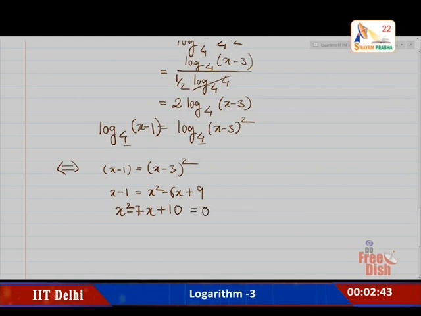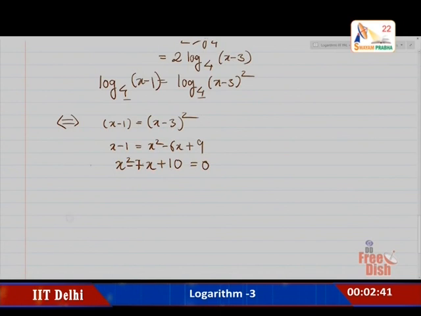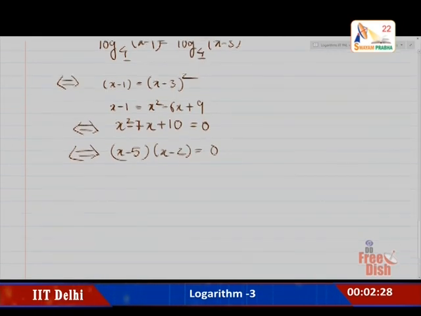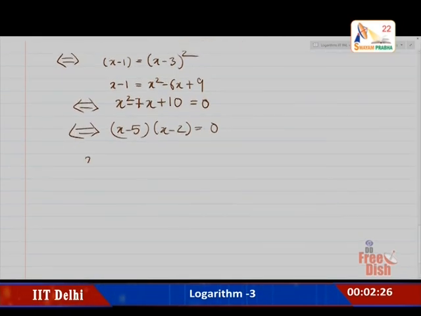Correct. And then it is very well known, you can factorize this very easily, which is equal to x minus 5 into x minus 2 is equal to 0. Correct. If that is the case, then x is equal to 5 and 2 are the possible solutions to this problem.